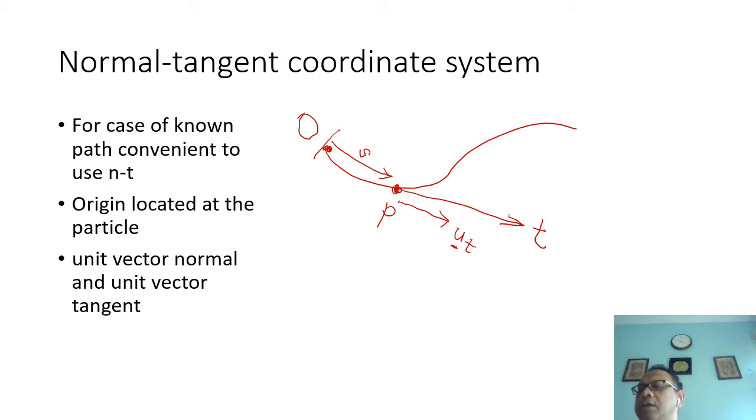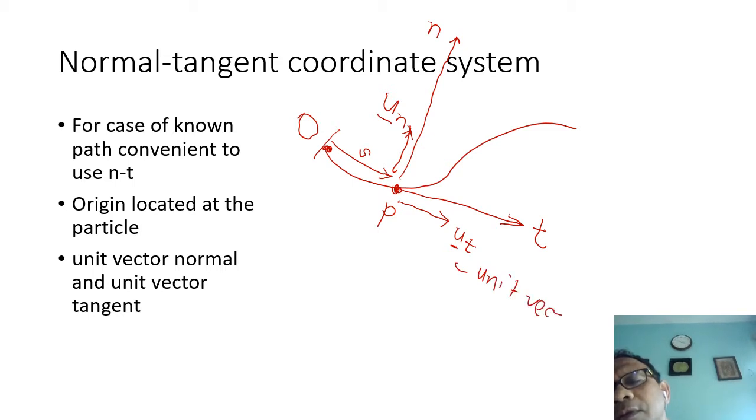And we find a normal to the tangent, which is the N direction, with a unit vector U underline subscript N. So this is the unit vector tangent, and this is the unit vector normal.